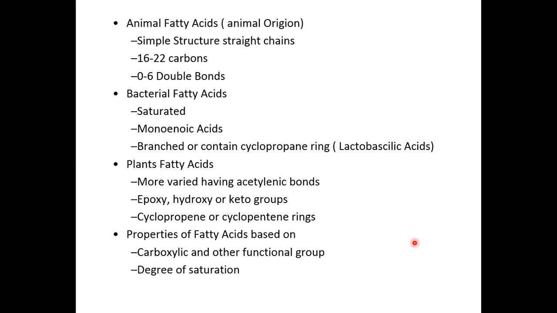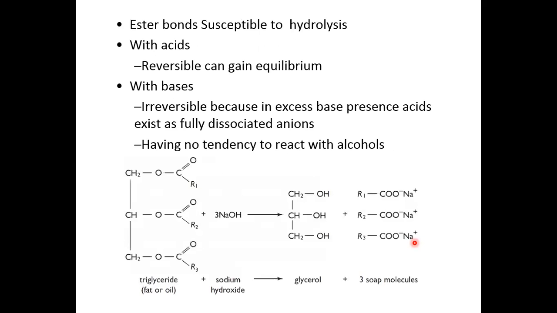Cyclopropene or cyclopentene rings. The properties of the fatty acids depend on the carboxylic and other functional groups as well as on the degree of their saturation. Ester bond susceptibility to hydrolysis: the ester bond can be hydrolyzed by treating with acid, and this reaction may be reversible and can gain equilibrium.